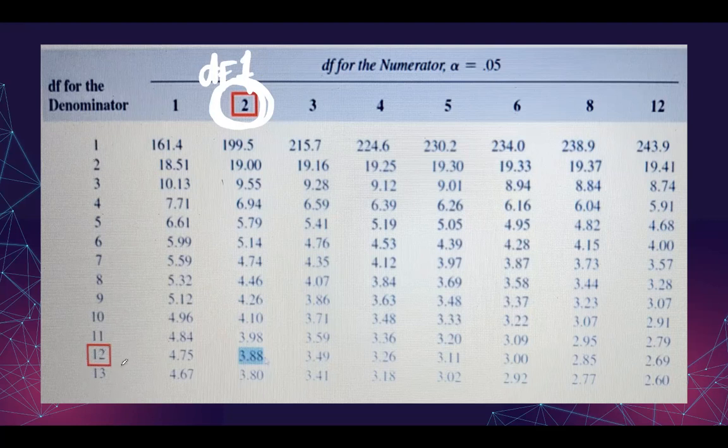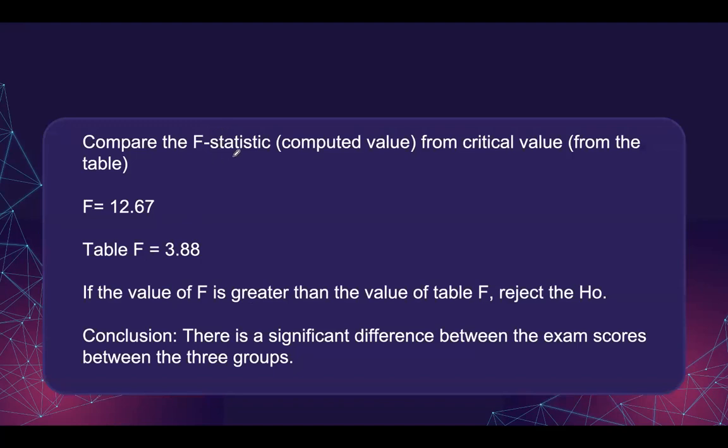Tapos sa baba or yung nasa rows class is yung degree of freedom nung pangalawa, yung within the treatment. Kung saan sila mag-meet, yun yung ating critical value. So dito, ayan, 3.88. So compare the computed F value from the critical value. Critical value ay galing yan sa F table na ipo-provide. So 12.67 is the computed F value, pero sa ating critical value ay 3.88.